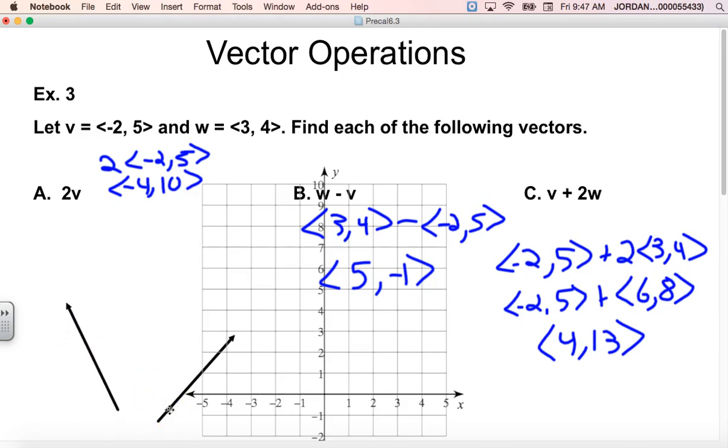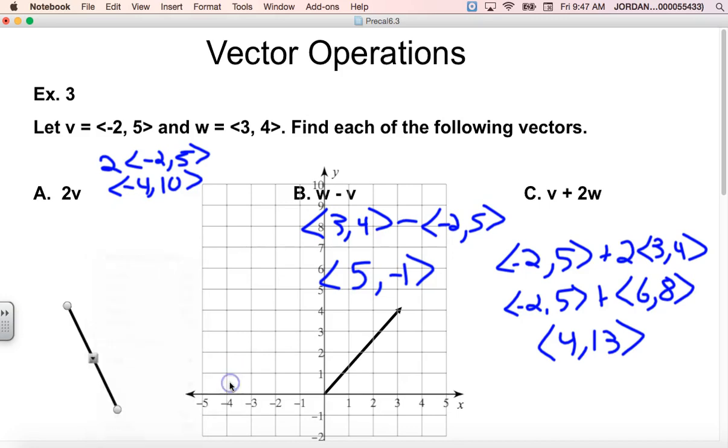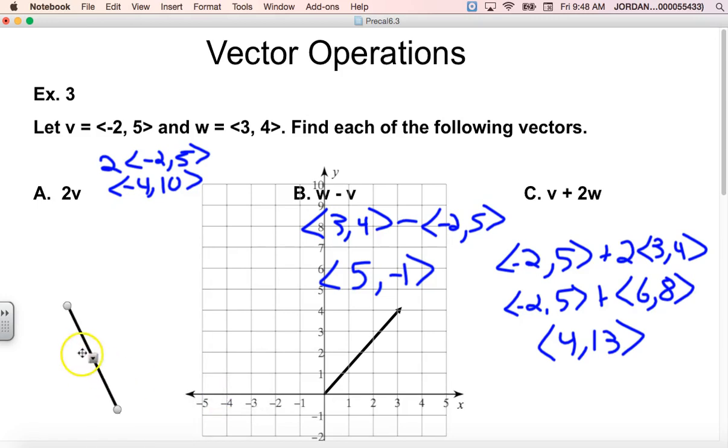Alright, so let's get these vectors where we want them. So we got w, and then if we do minus v, remember minus v would flip this around, right? So if we took this and changed the arrow, I can flip it. Yeah, so that just flipped it around, so now the arrow's in a different place.